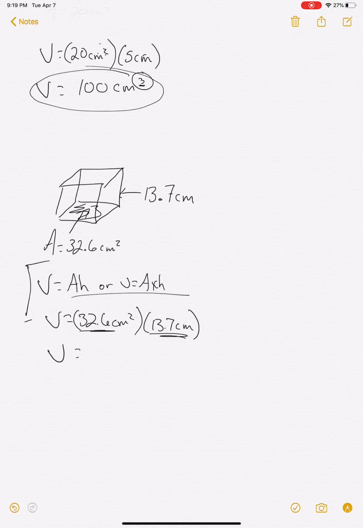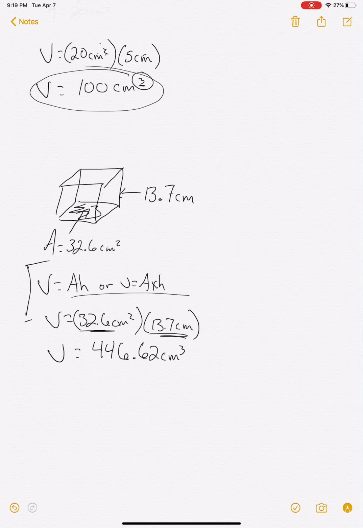So our volume, I don't know this off the top of my head, so I'm going to do a quick calculation. Remember, you guys can use your calculators for this part. So we've got 32.6 times 13.7. We get a total of 446.62 centimeters cubed.